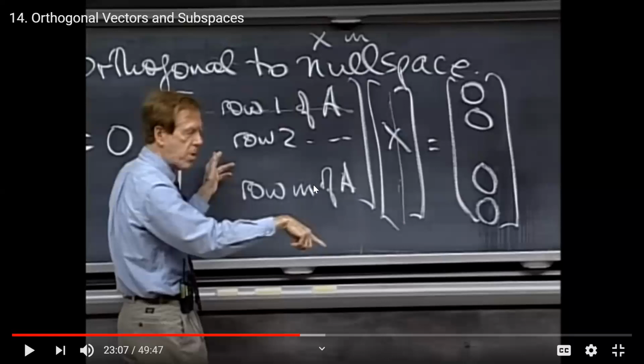So all those rows are basically making your row subspace. So this particular X, which happens to be in the null space, is actually orthogonal to the row space. All this basically completes the argument that if there is a vector which lies in the null space, then that vector will be perpendicular or orthogonal to everybody in the row space.